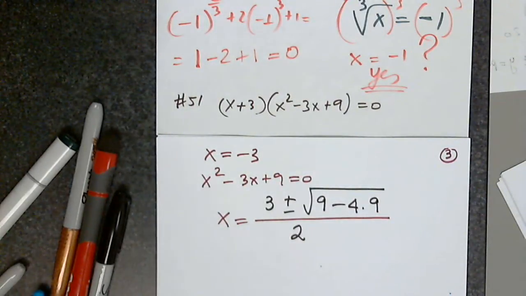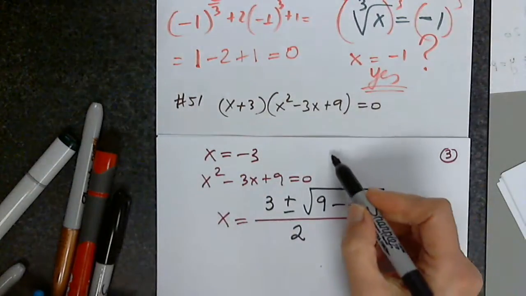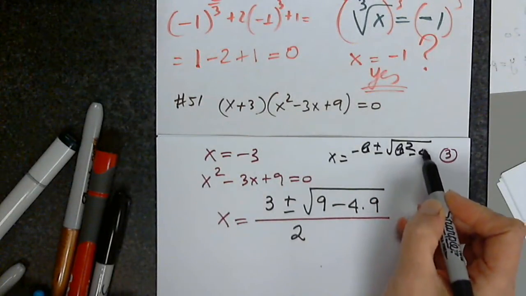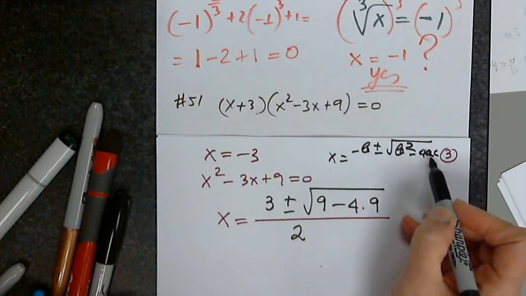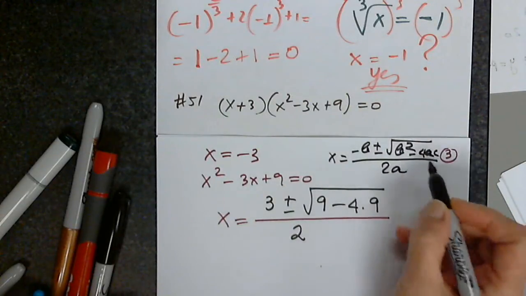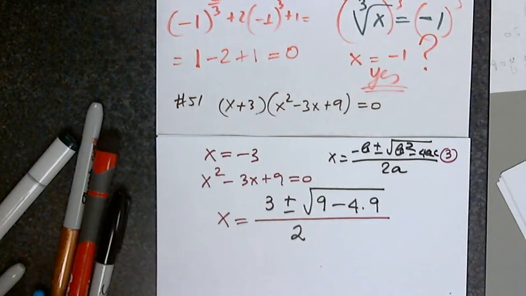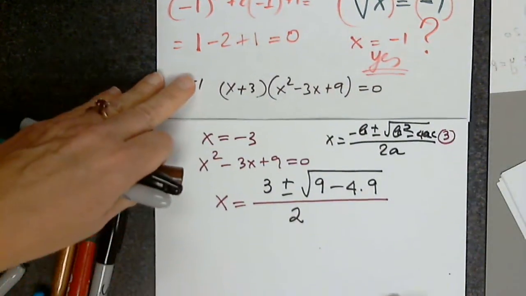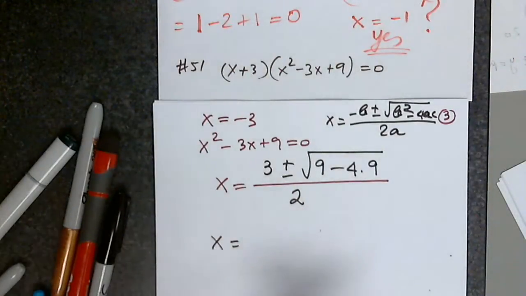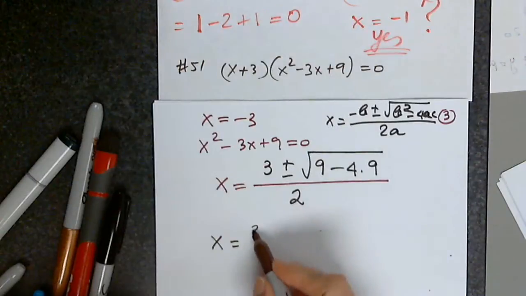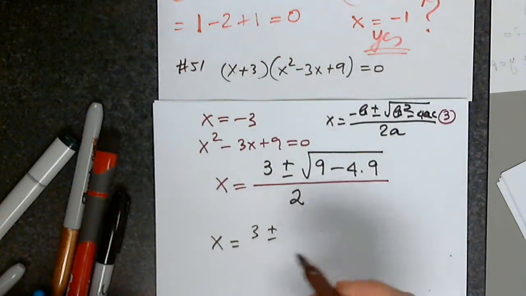So one more time, -b. Let me write the quadratic formula here. -b plus or minus the square root of b squared minus 4ac over 2a. Square root of b squared minus 4 times a times c over 2a. So this is what I would have done under the square root. I would have written this instead of multiplying and subtracting.